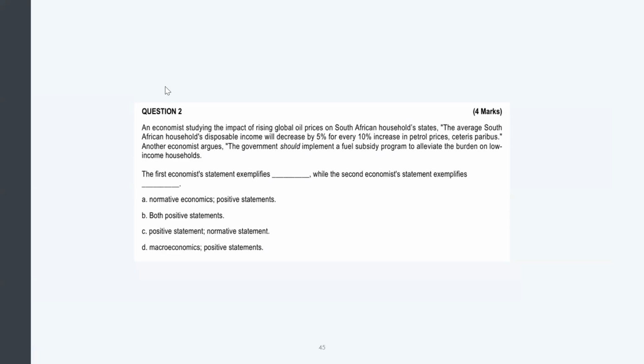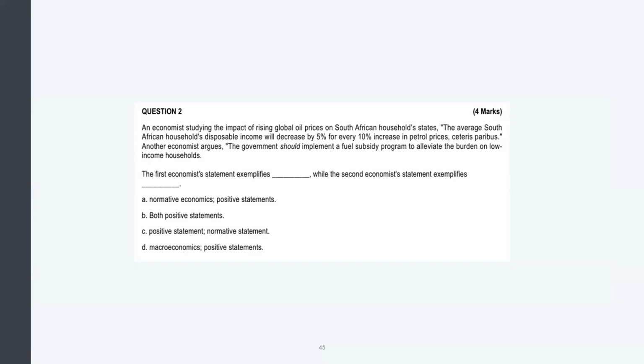An economist studying the impact of rising global prices on South Africa's households states the average South African household's disposable income will decrease by 5% for every 10% increase in petrol prices, ceteris paribus.